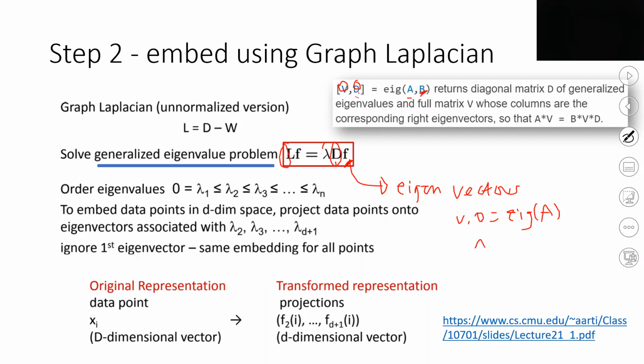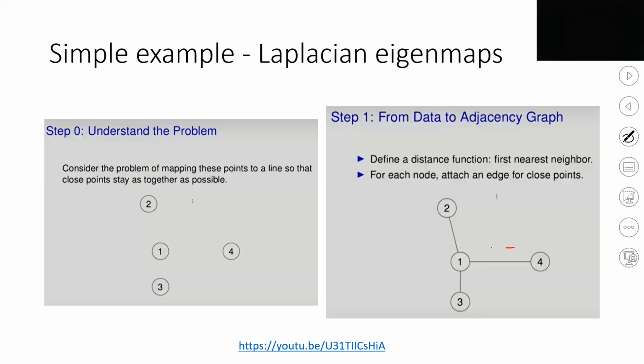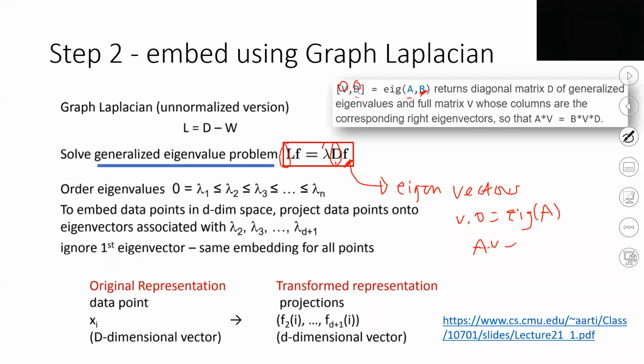That means you have A, and you use your eigenvectors. Basically, A acts as a rotation matrix to rotate the vector V, and this is D, a diagonal matrix of lambda times V. So that's the regular decomposition. Well, in this case, we have both A and B.